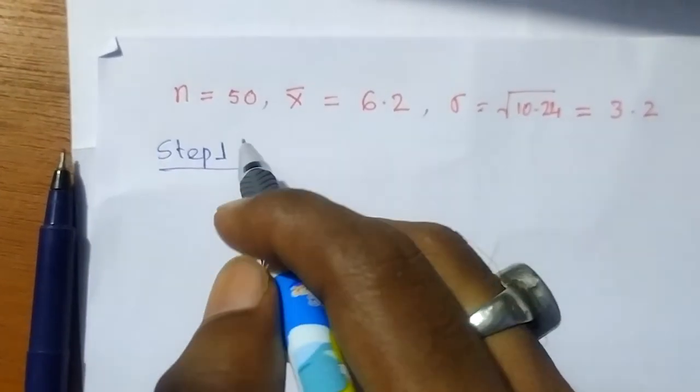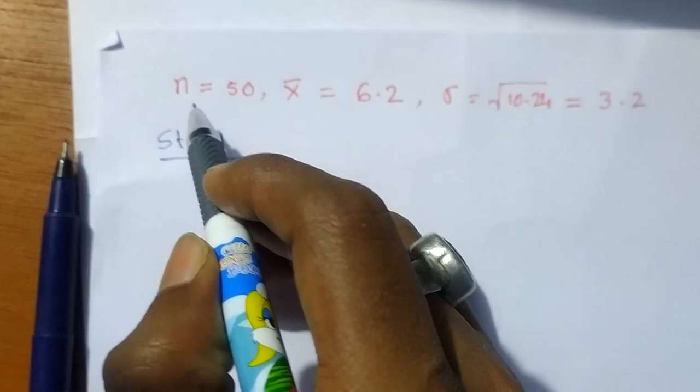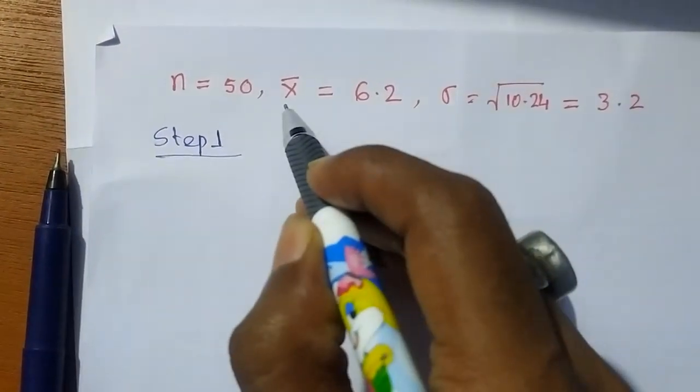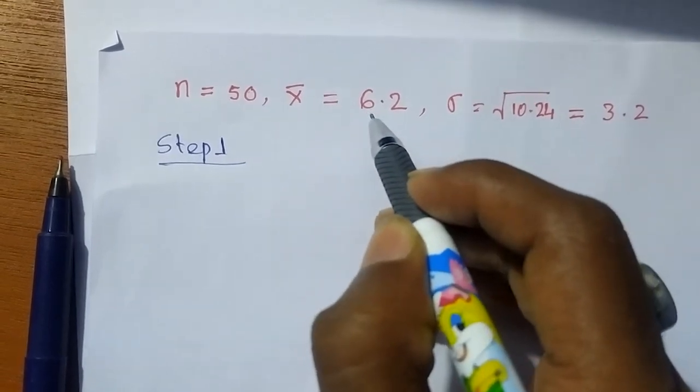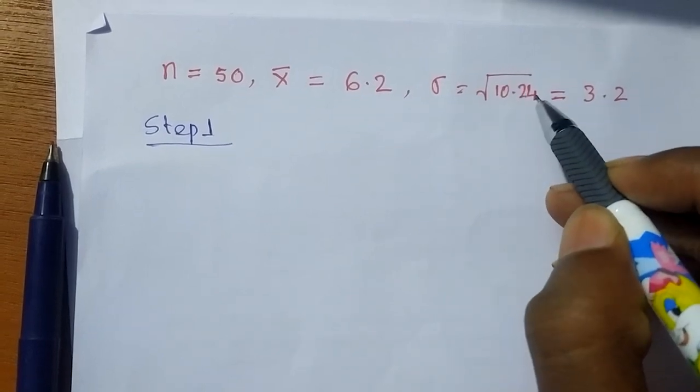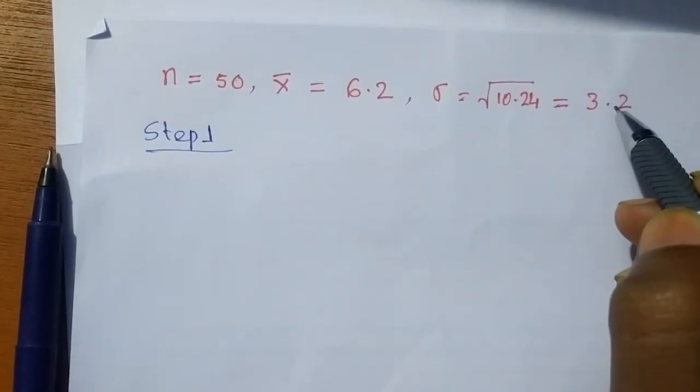These are the values from the example: the number of items in the sample n is equal to 50, the mean of the sample x bar is 6.2, and sigma, the standard deviation, is the square root of the variance given in the sample, 10.24, which is 3.2.